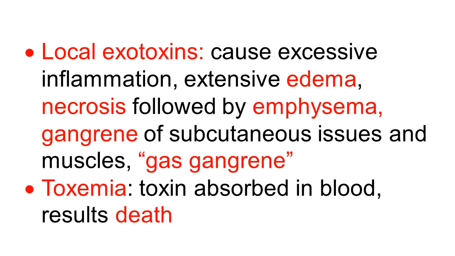Local exotoxins, necrotoxins, produce local effects. The toxin causes excessive inflammation. There is swelling. The swelling is hot, highly painful on palpation, and initially red. There is extensive edema, progressing to necrosis of the muscle, followed by production of gas, emphysema, and finally gangrene of subcutaneous tissue and muscles.